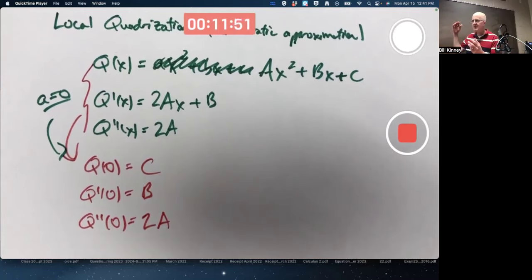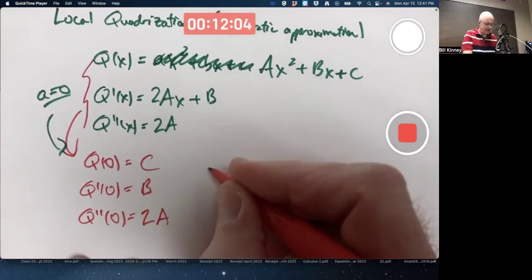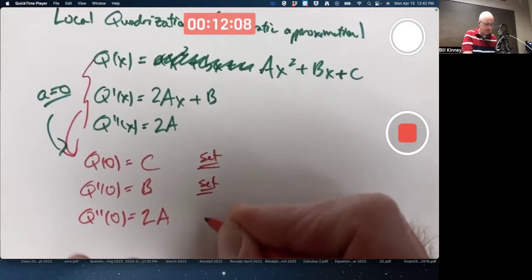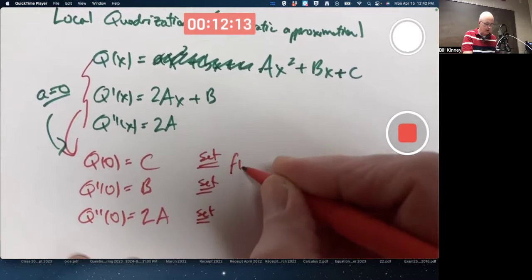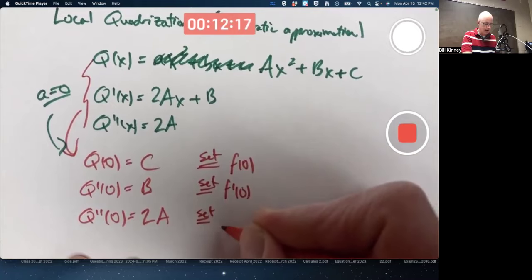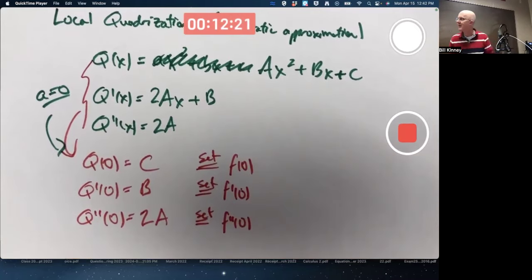Remember our purpose. We've got some function f. We're trying to use this quadratic to approximate f near a, which in this case, again, is little a is 0. So it should make sense that you'd want to set these equal to the corresponding function values of f at 0: f of 0, f prime of 0, and f double prime of 0, and solve for a, b, and c.